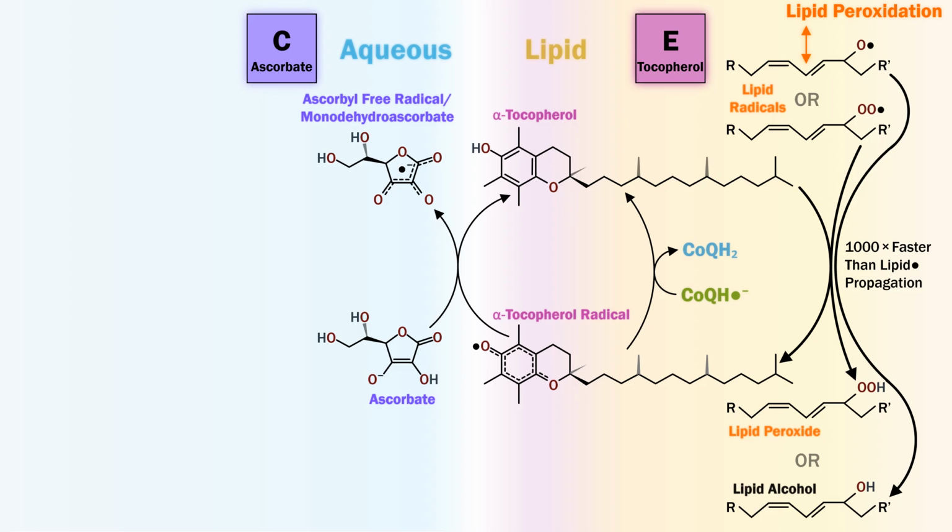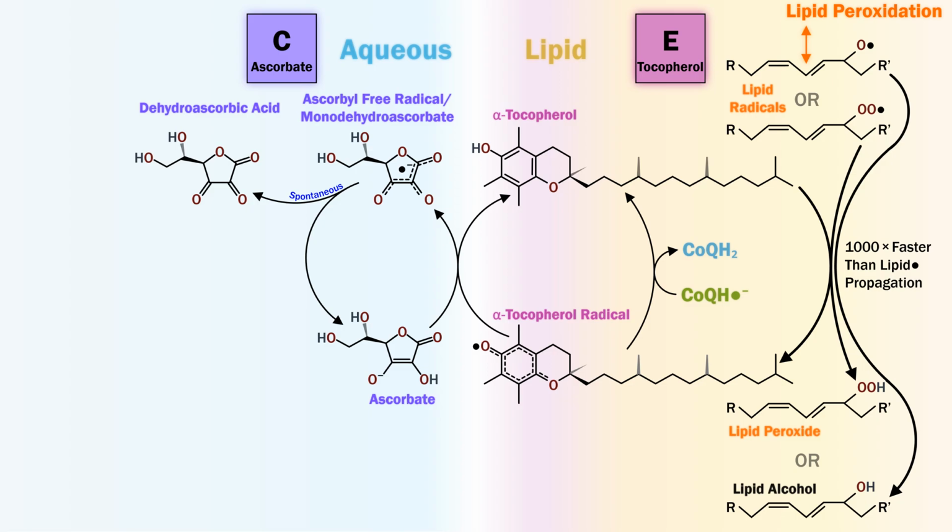The vitamin E radical abstracts a hydrogen from an ascorbate, and ascorbate also disperses its radical through a resonance structure. Ascorbate radicals undergo a very interesting reaction called disproportionation, where two radicals convert into an oxidized and reduced form.